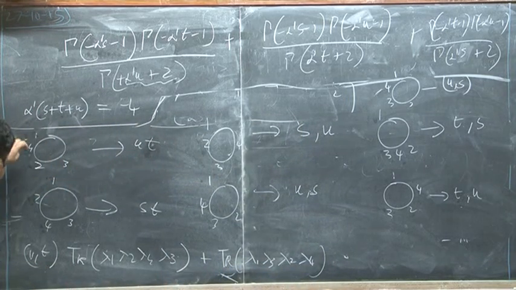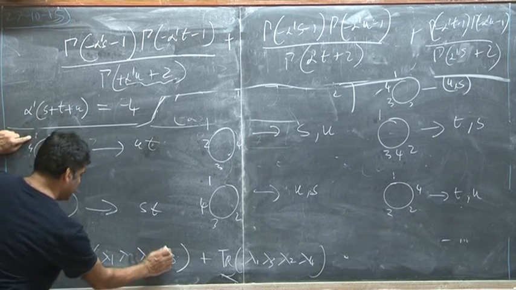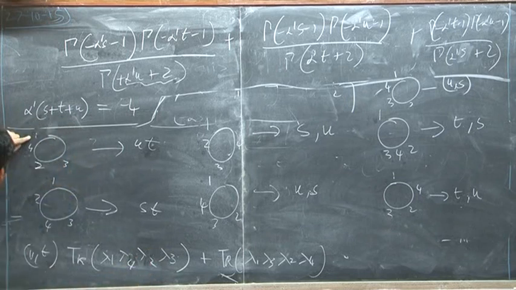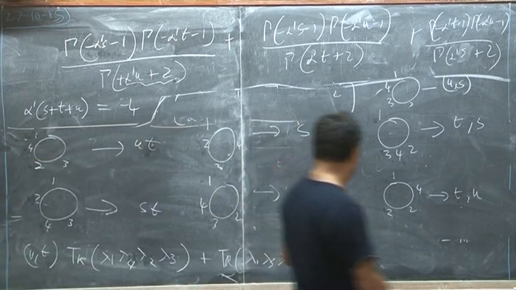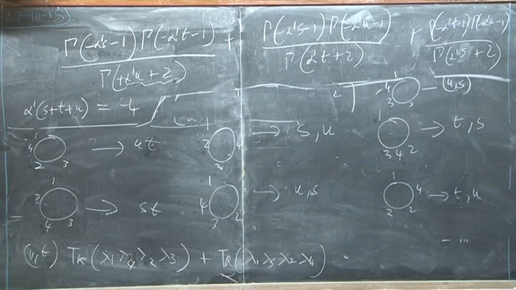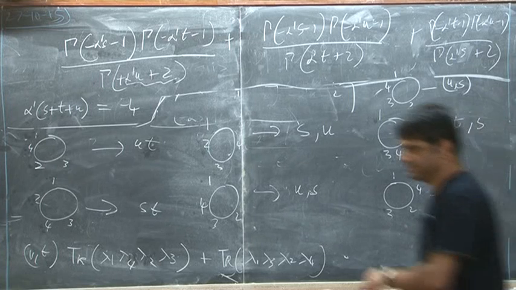Did I get that right? Sorry, this was 1, 4, I got it. This was 1, 4, 2, 3, right? And this was 1, 3, 2, 4. Did I get that right? 1, 4, 2, 3. 1, 3, 2, 4. Looks okay.